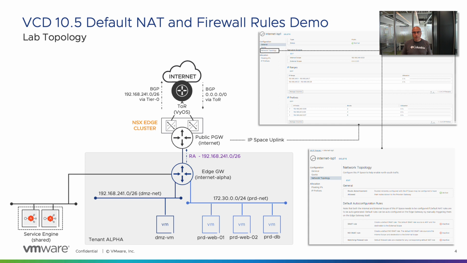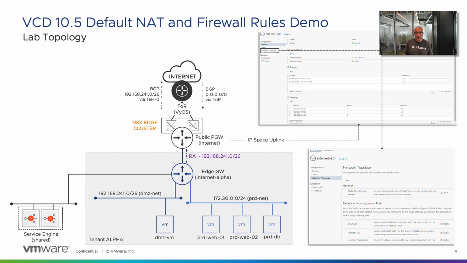Later in the demo, I'm going to enable the default auto configuration features for this IP space, to explore what is created and to ensure there is no problem from a traffic perspective and that the application works as expected. Currently I have a DMZ network that is a natively routed network.